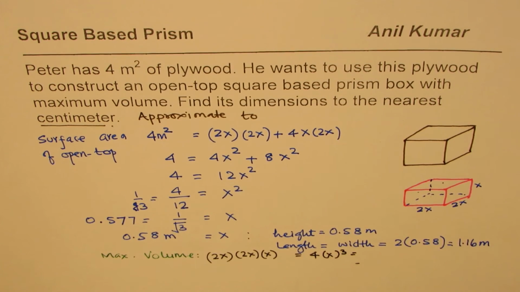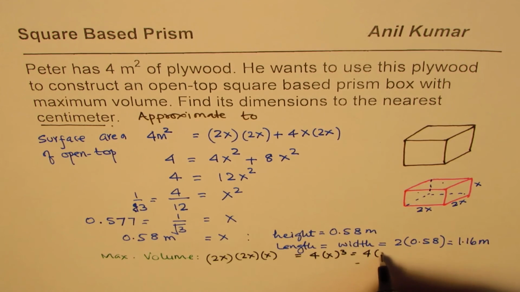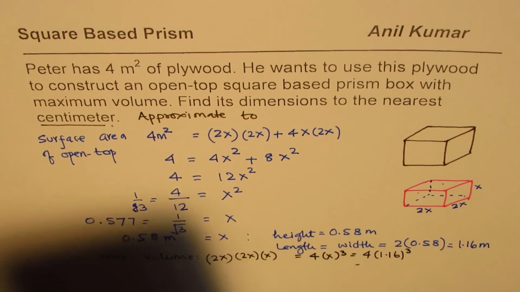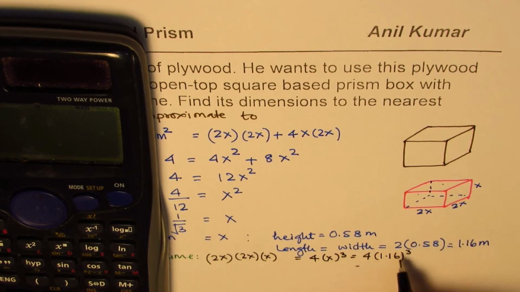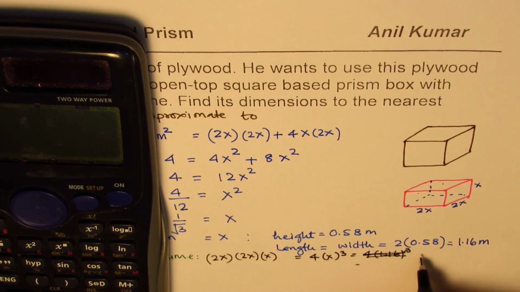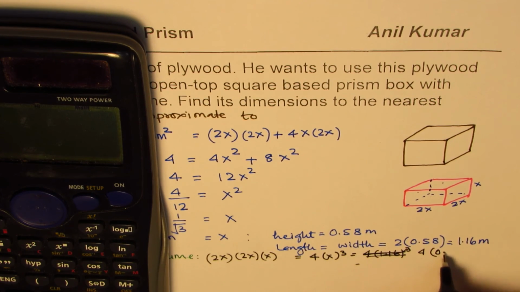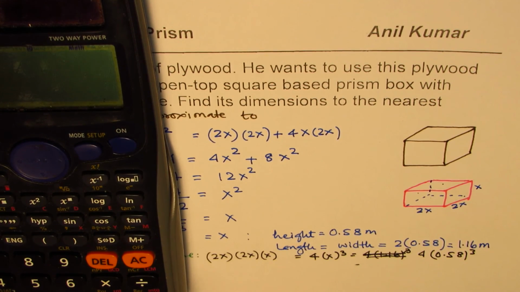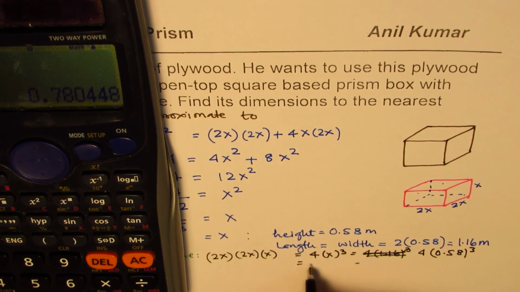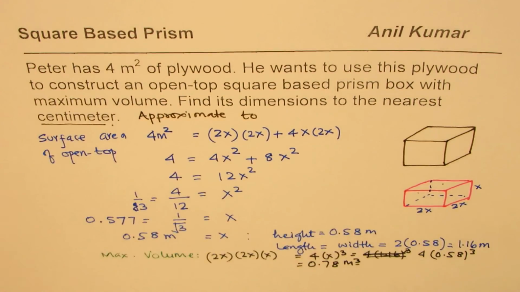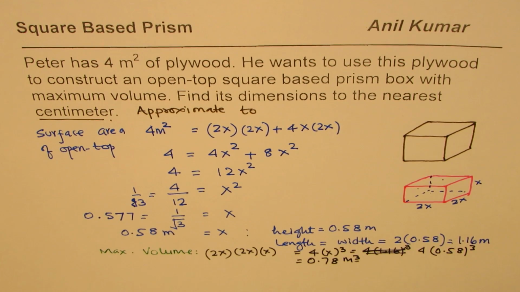So we can calculate this value, 4 times 1.16 cubed. I'm sorry, the 0.58. So let me redo it. So 4 times 0.58 cubed, and that is equal to 0.78 meter cube. So that becomes the volume of this square-based prism. I hope that helps. Thank you and all the best.